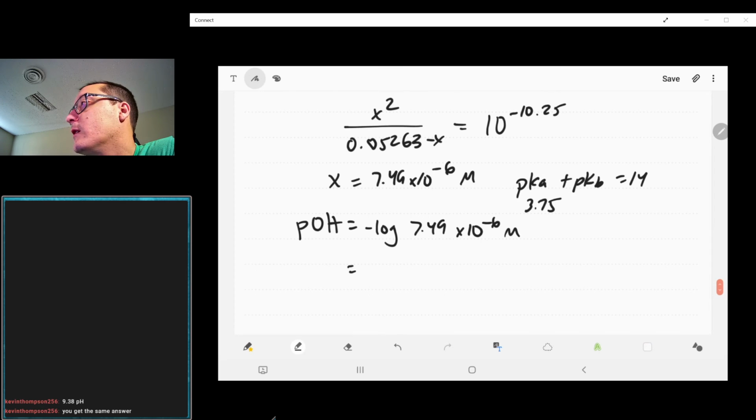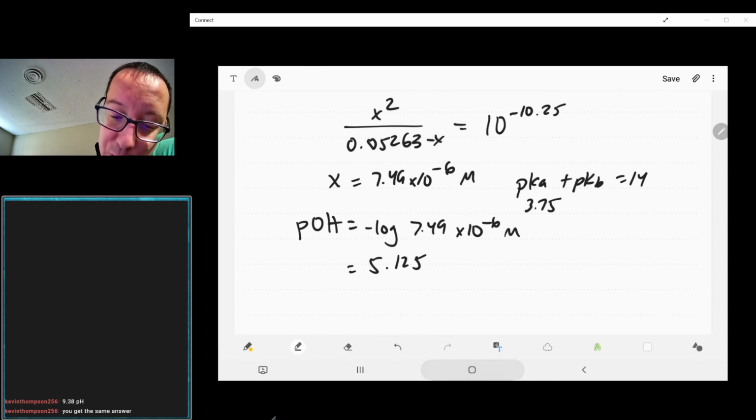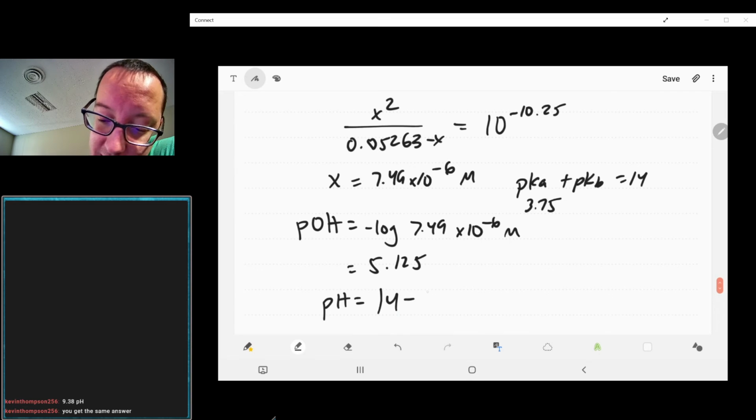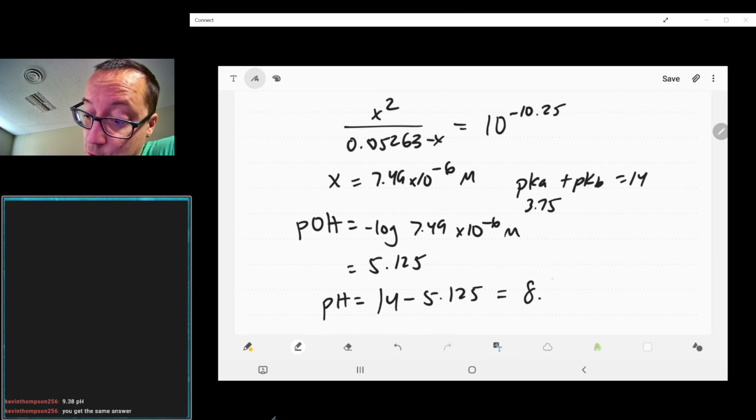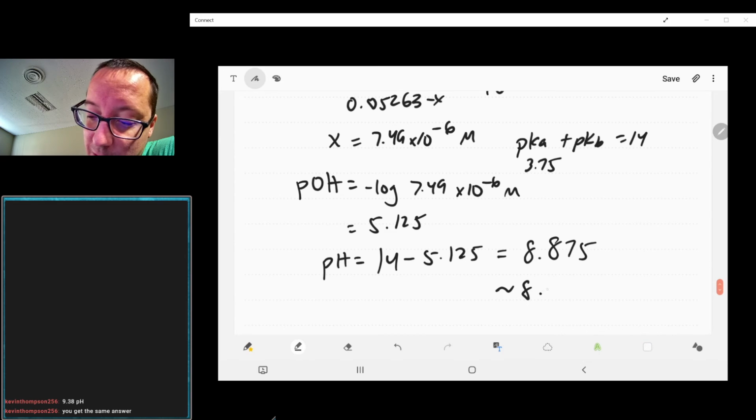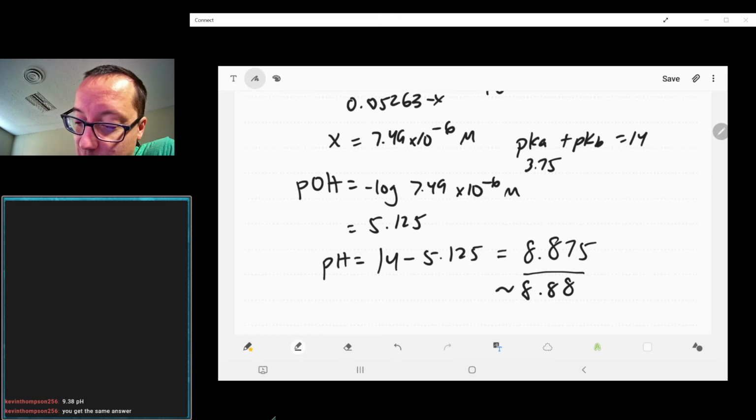The pOH is 5.125, which means that the pH is going to be 14 minus 5.125, which will be equal to 8.88 or so. So this would be the pH at the equivalence point for this particular acid.